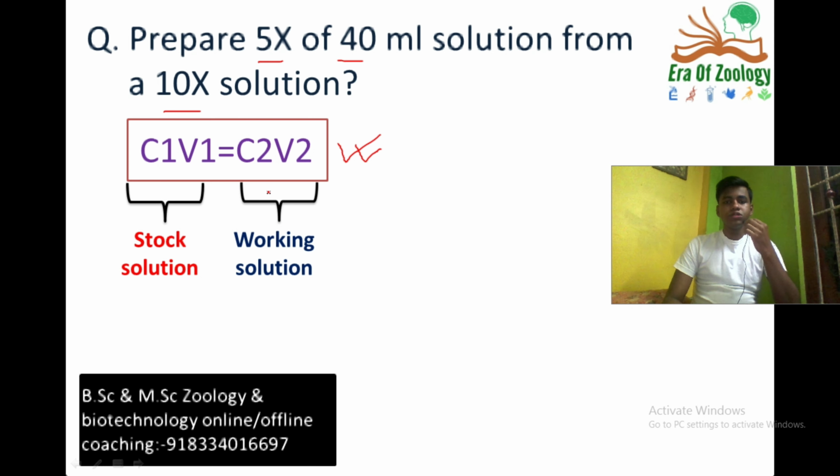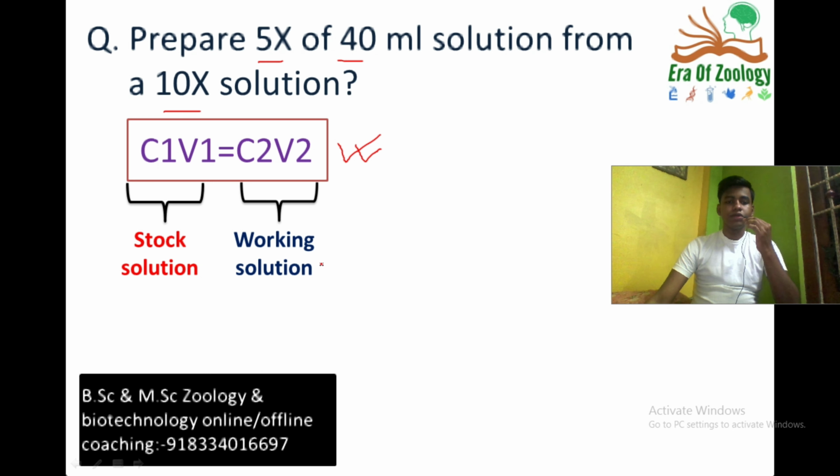So now we need to know what a stock solution is and what a working solution is. Stock solution is the solution which is given, and working solution is the solution that we have to prepare from the given solution. In this question, we have to prepare 5x of 40 ml solution.